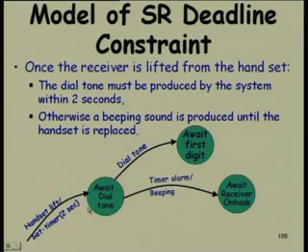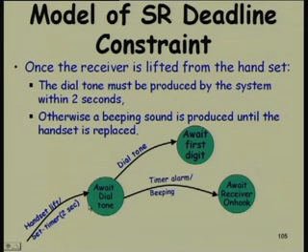So, the caller has lifted the handset, this is the handset lift event, and we set a 2 second timer. We are modeling all timing constraints through timers, and we will see that when we do real time programming also, we will use something similar. So, it is awaiting the dial tone, and if the dial tone appears, then it enters the first digit state.